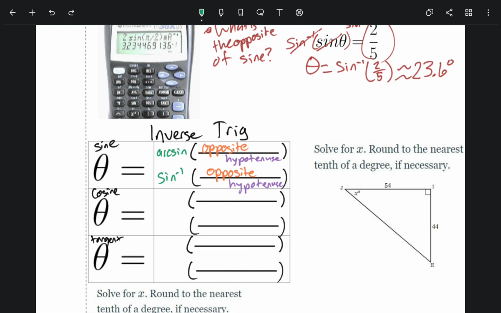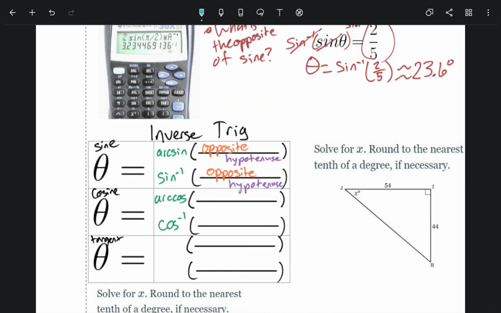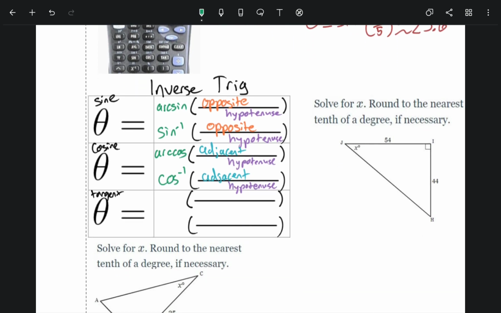The next function is the inverse function of cosine. And as you could probably guess, that is arc cosine or cosine inverse. And like you could probably predict, it is still using the adjacent over the hypotenuse ratio. And the last function is tangent, and we are taking the inverse of that, which is called, predictably, arctan or tangent inverse.